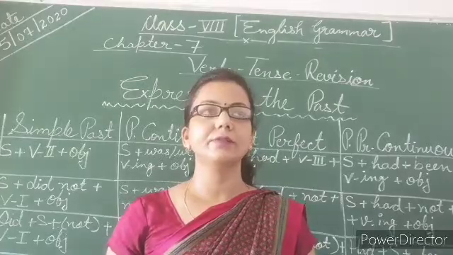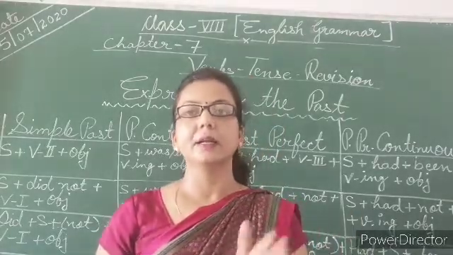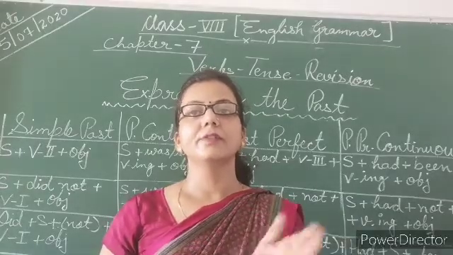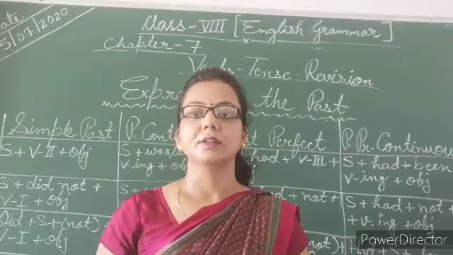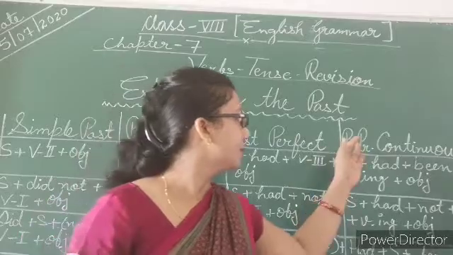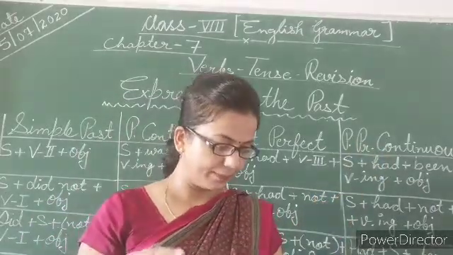So if there are two actions and both are connected, and one action continued until the other action arrived, in that situation we use past perfect continuous. We can take an example also.